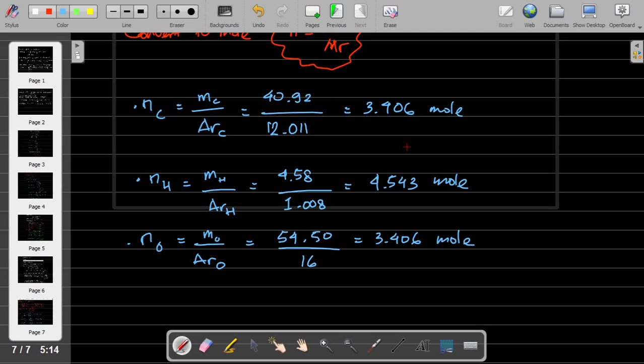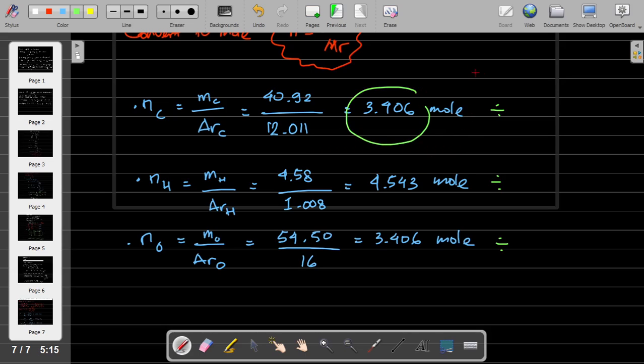This is the calculation, the result of every mole, and then we are going to divide all the results with the smallest value.